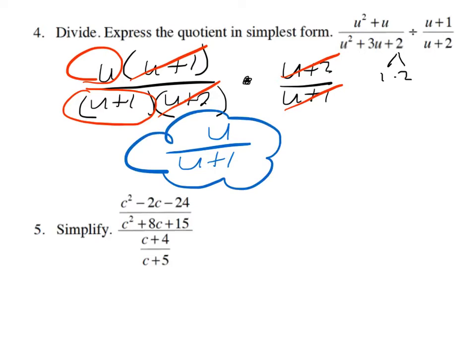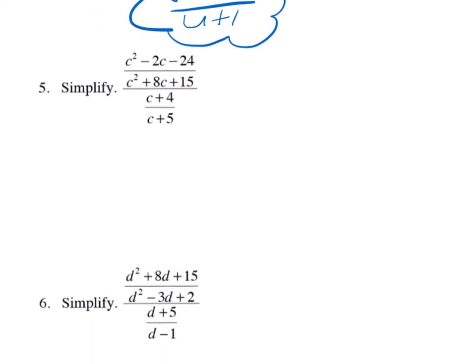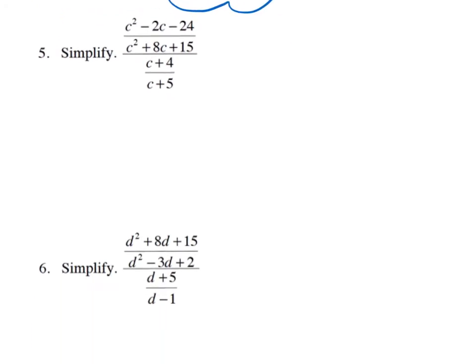All right, moving on to question number 5. Okay, I see it is what? A complex fraction. Okay, so let's go ahead and we're going to write this a little differently. I'm going to write it as a division problem, which is going to eventually become a multiplication problem.